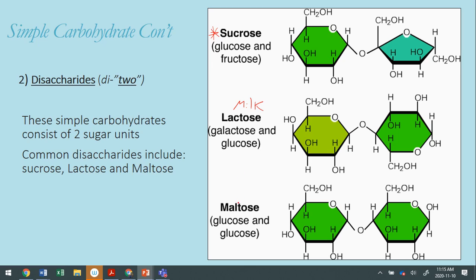And then maltose, again, you'll find that added to all sorts of foods like chocolate bars and that sort of thing. So these sugars are all sweet. They all have a very sweet taste. Our bodies love them. In fact, our brains react to sugar like they do to drugs, believe it or not. We have the same euphoria when we eat something really sweet that you would get from taking some cocaine.